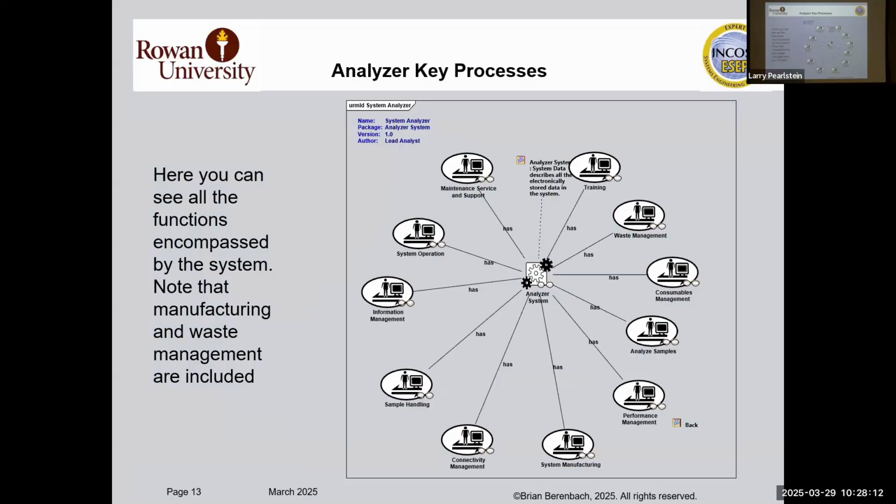So here are the key processes. Now you see the square box, that's a system. And this is what's called the context diagram. No, it's not, I'm sorry. And here you see all of the processes, oval means process, all of the processes surrounding that are associated with the analyzer system.